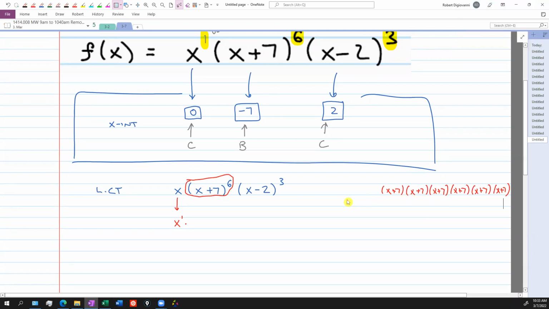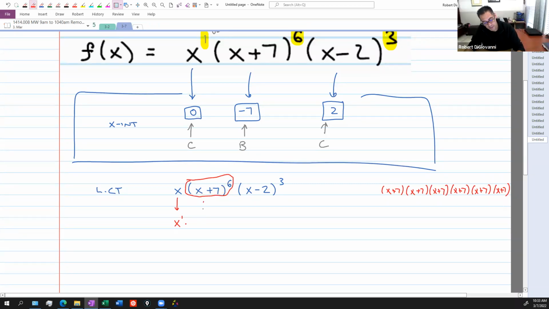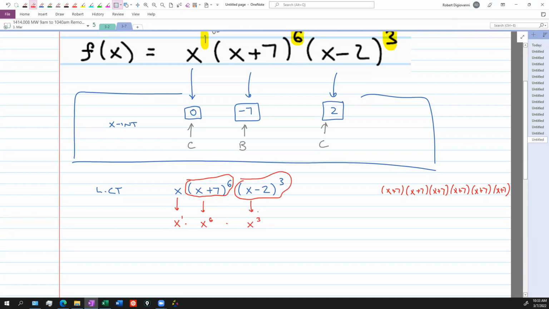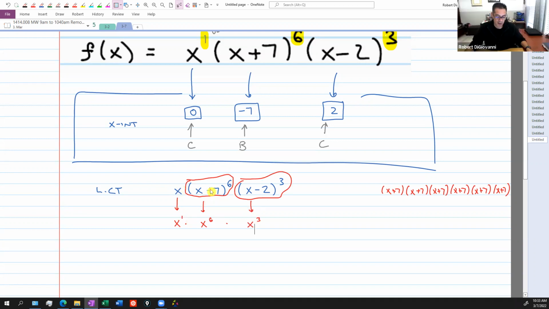Is it to the 6th? Yeah, to the 6th. Because it's to the 6th power, the highest power of x you're going to see here is x to the 6th. Now, there's going to be a bunch of other stuff, but the highest power you see is x to the 6th. And then what about this one? The highest power of x you're going to see here would be cubed. So you have an x to the first power, an x to the 6th, and an x to the 3rd.